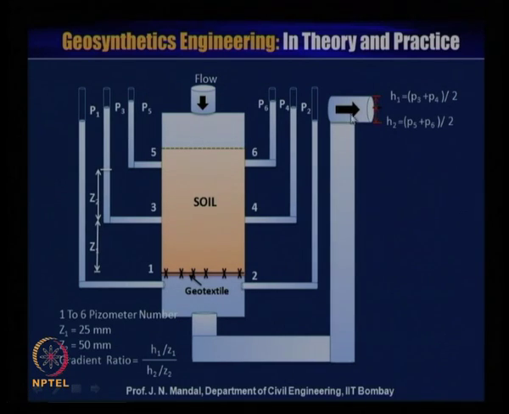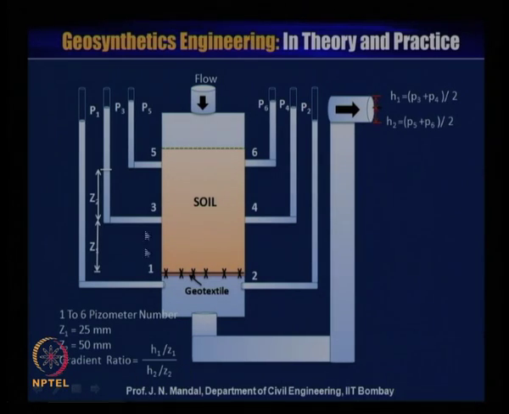So, you know the values of H1 and H2, and as I said, Z1 is 25 millimeter, Z2 is 50 millimeter, and that is fixed. From this you can calculate the gradient ratio. So, gradient ratio is equal to H1 by Z1 divided by H2 by Z2.